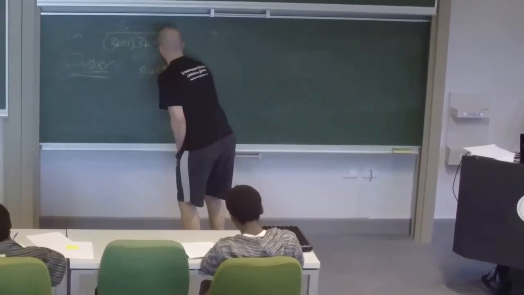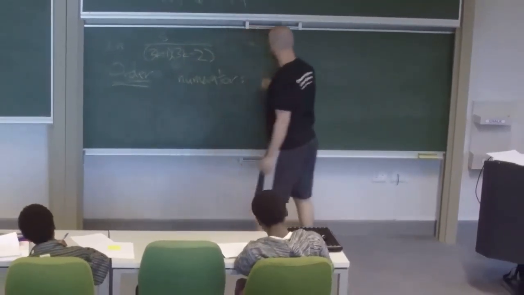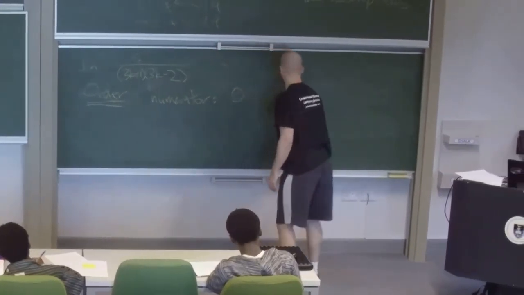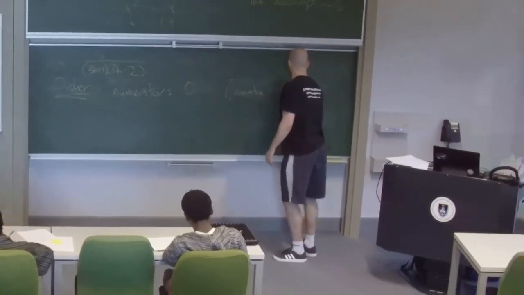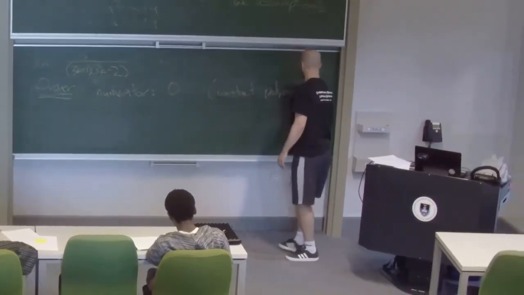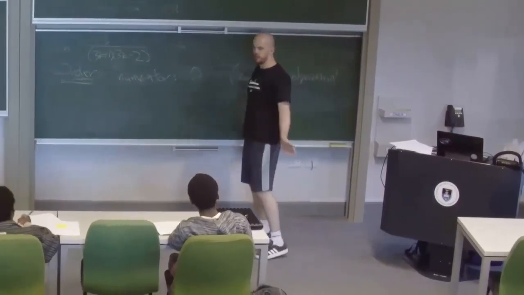The numerator has order 0. It's a constant polynomial. We can think of the variable being to the power 0.